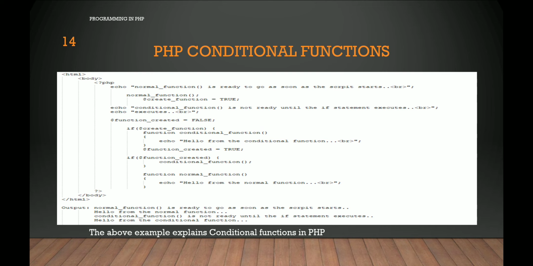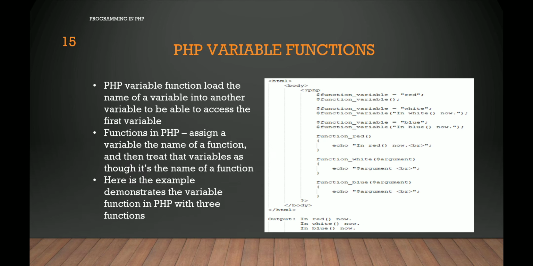PHP conditional function. The above example explains the PHP conditional function. So the output is derived with the help of the PHP conditional function. PHP variable function. A PHP variable function loads the name of a function into a variable so that the function can be accessed through the variable.